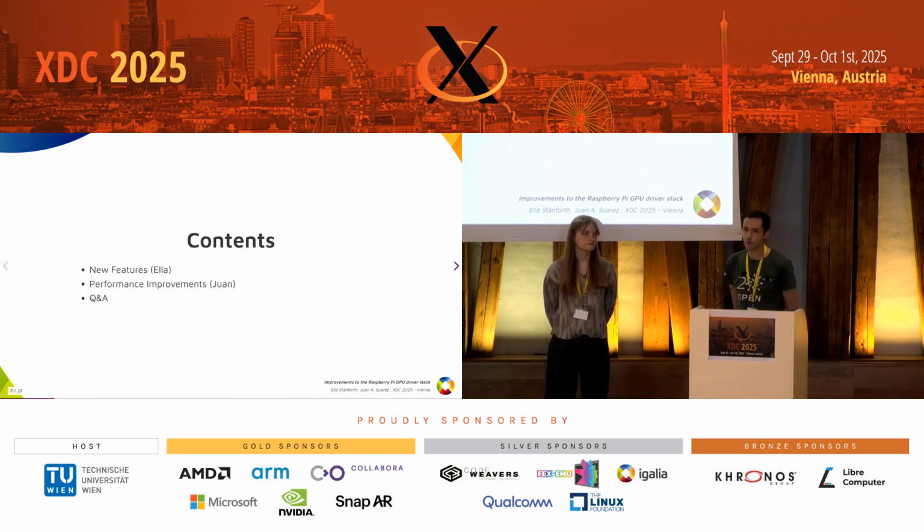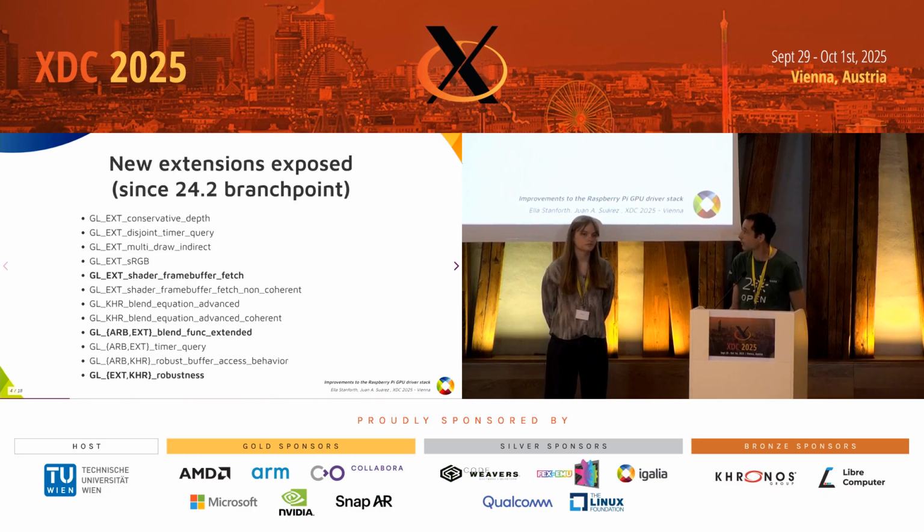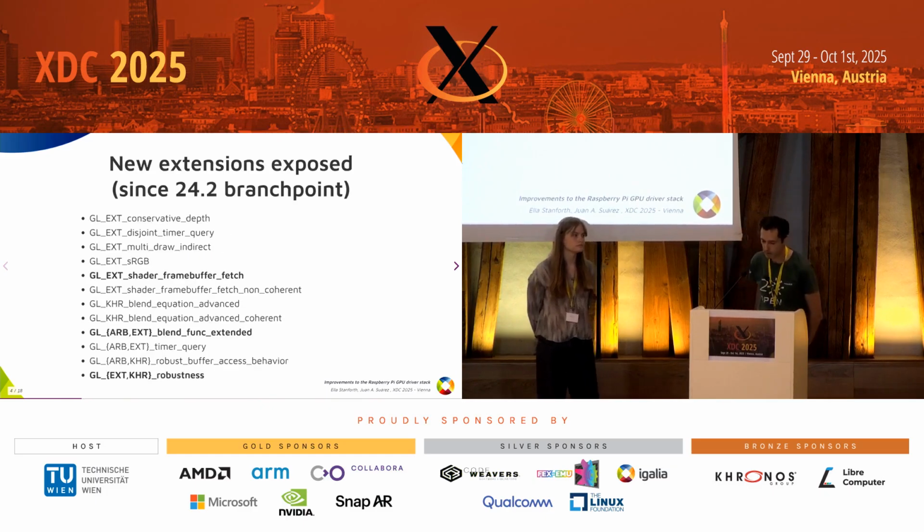One is the features we were developing for the Raspberry Pi driver, specifically for the GL driver called V3D. And then we will show some work we did to improve the performance in the same driver. And finally, we have some questions and answers. So for the first part, Ella will introduce this part.